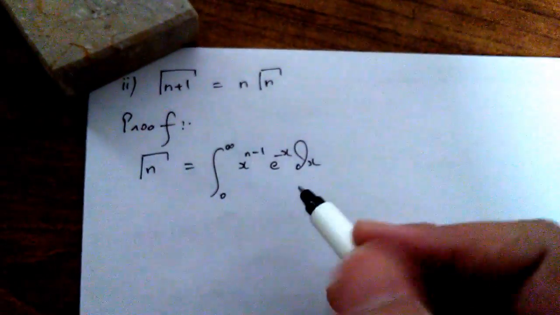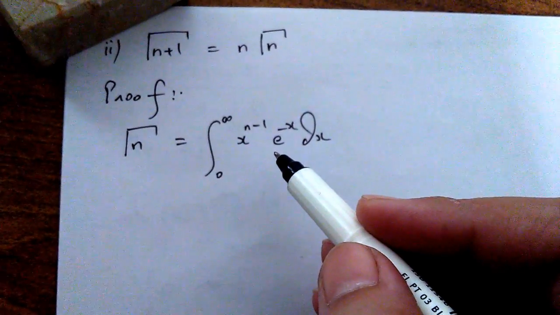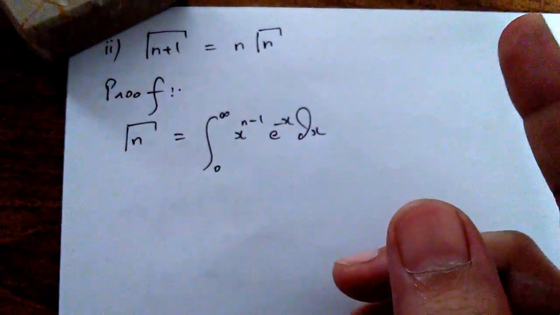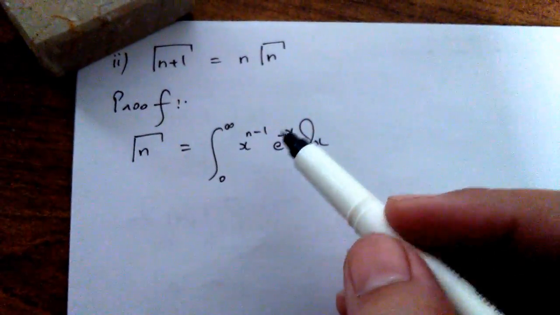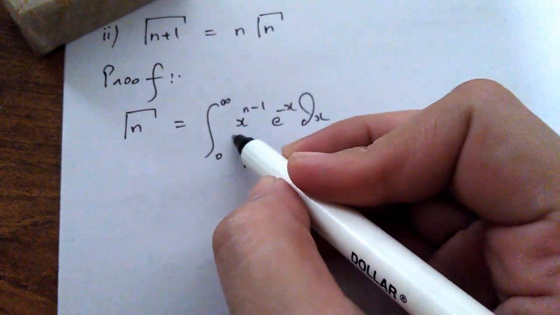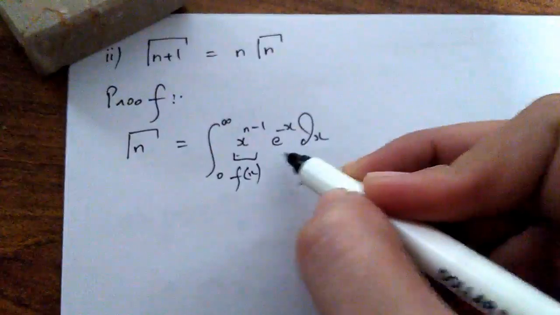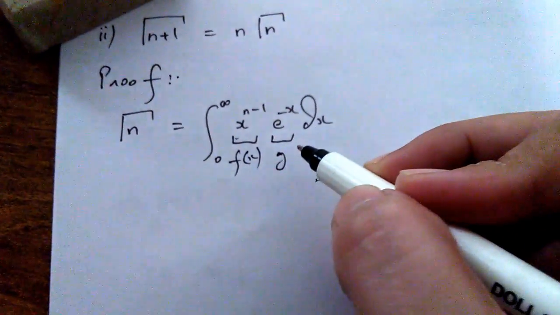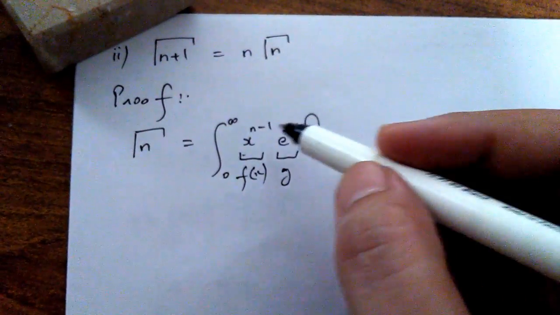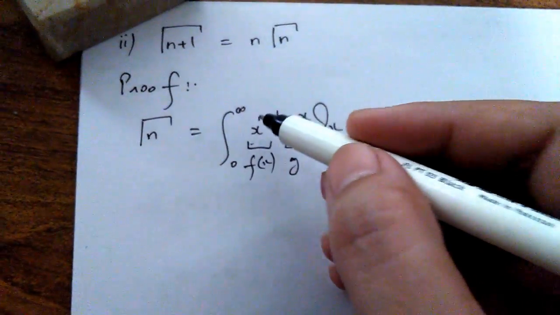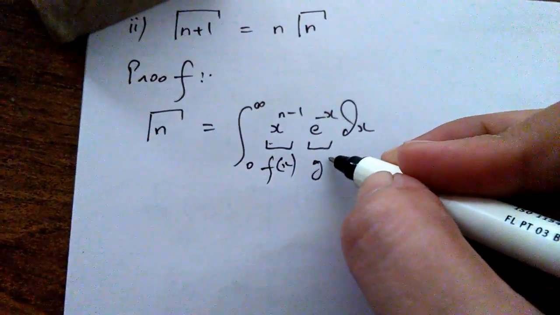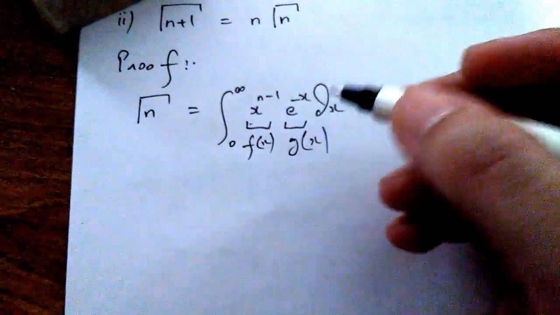If you have listened to my previous videos related to by parts integration, I've mentioned that if you are having an integrand which is the product of a polynomial and an exponential, you always take the polynomial as the function to be differentiated, and the exponential as the function to be integrated while performing the by parts.